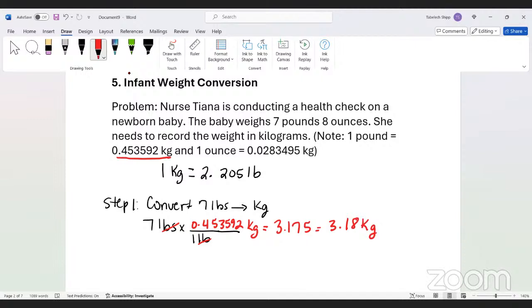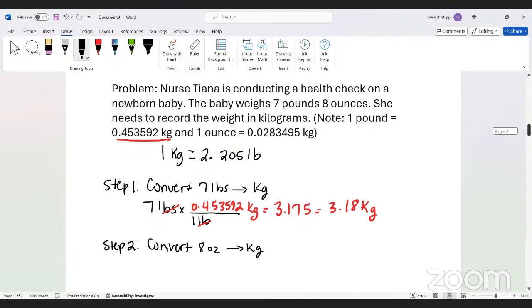Now, we can't forget about the 8 ounces. So for step 2, we're going to do that conversion as well. Okay? So for step 2, you've got to convert 8 ounces to kilograms. Okay? So in this particular case, and let me scoot the screen up a little bit.